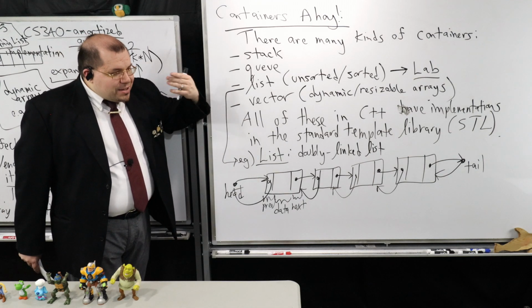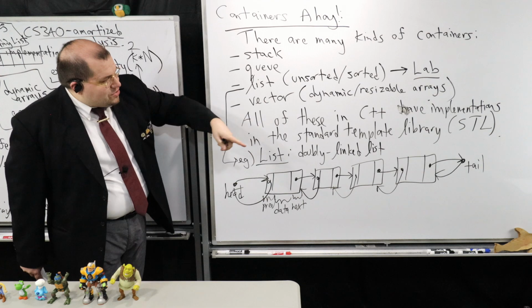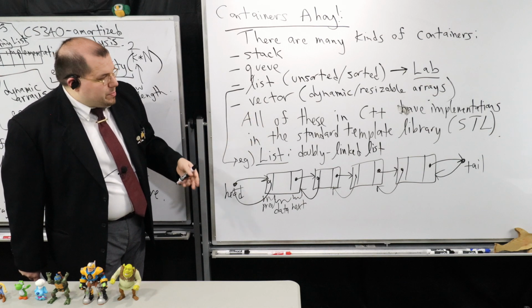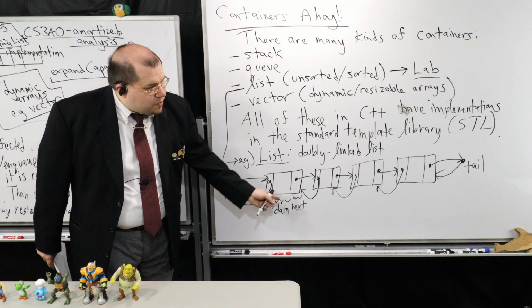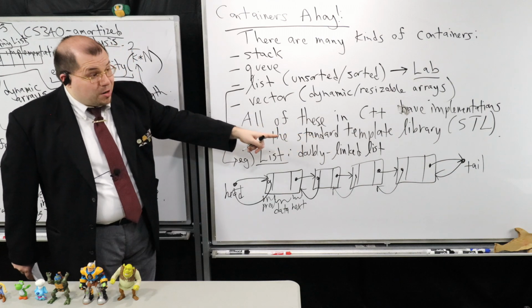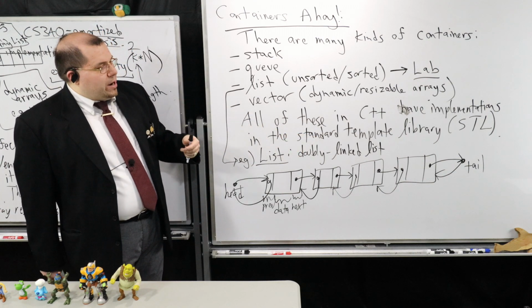But the advantage of using a doubly linked list as opposed to a singly linked list is notice that if I start at the tail back there, I don't have to know anything else about the front here. I don't have to follow through the front to get to the back. I can start at the back or the tail of the linked list and work my way to the front if I wanted to, which is often helpful if I need to iterate from the back.